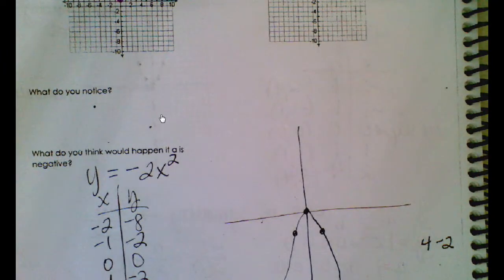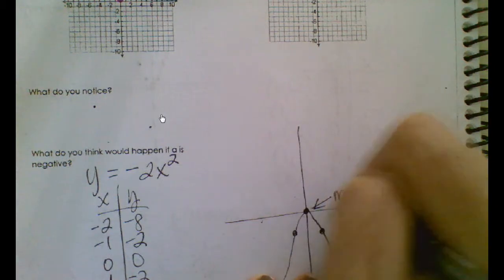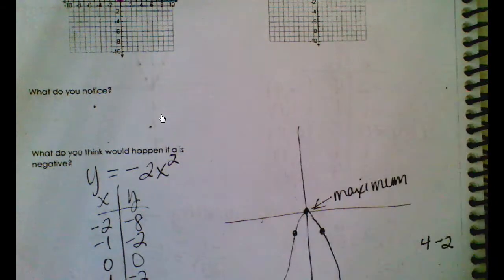That's where the ball went up, and then it had to start coming down. It couldn't keep going higher because we're in gravity. If we're out in the atmosphere somewhere, maybe it would keep going up and up, but here on Earth, it's not going to do that, right? So now this is our max. That is a maximum. Okay?